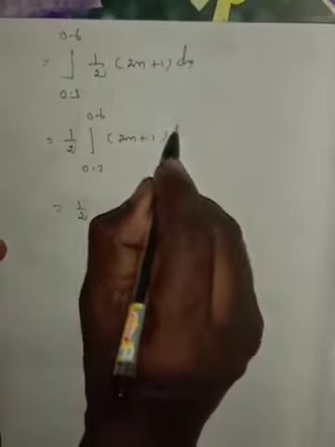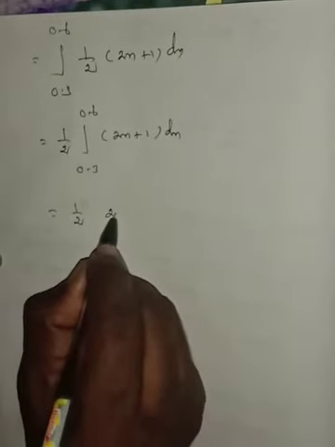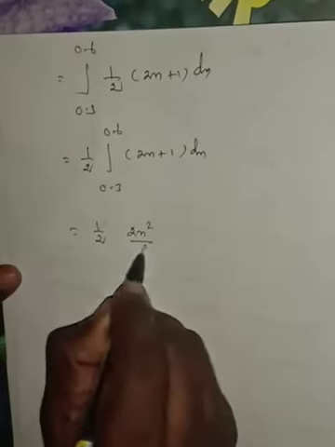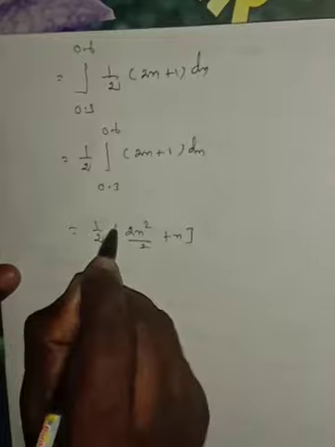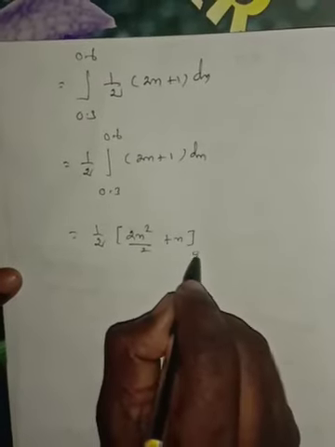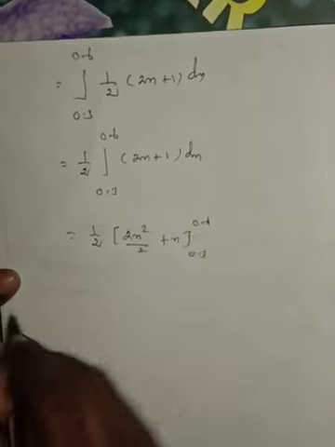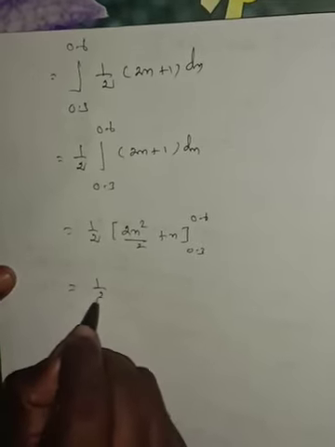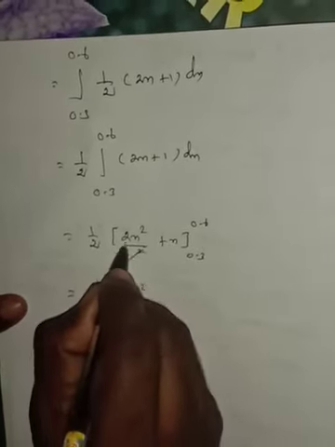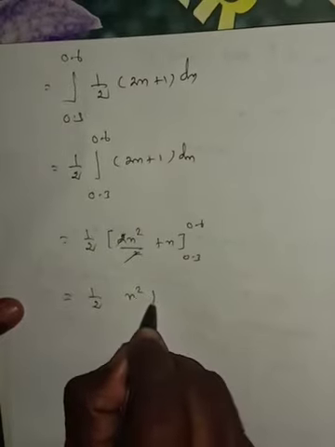Integrating, we have 2x square divided by 2 plus x, taken over the limit 0.3 to 0.6, is equal to 1 by 2, the 2 cancels, x square plus x.